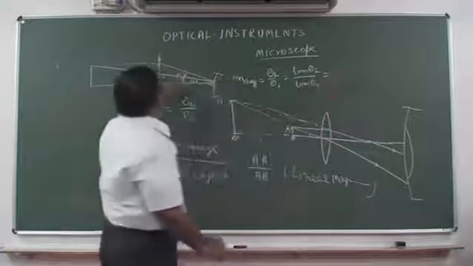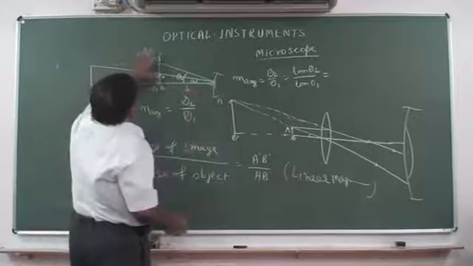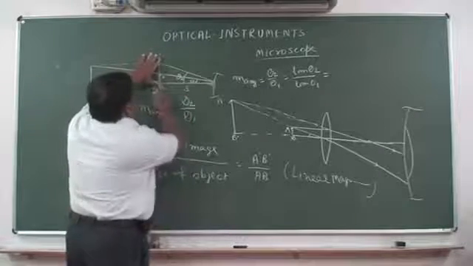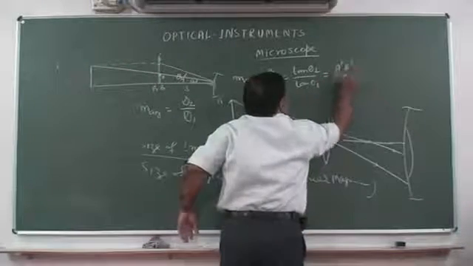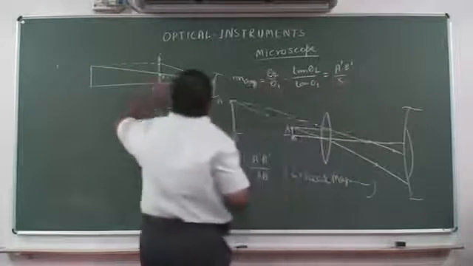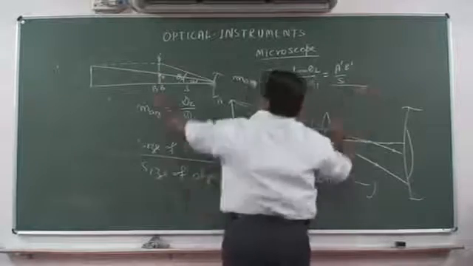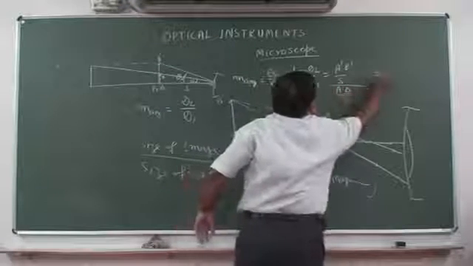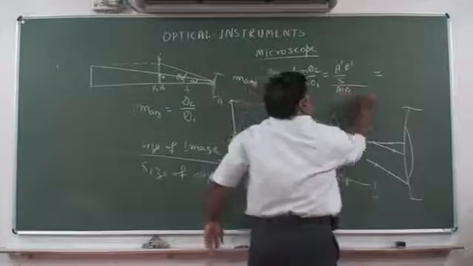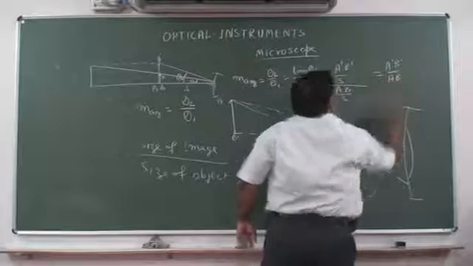When we write tangent theta 2, this is A dash B dash upon S. When we write tangent theta 1, this is AB upon S, and S is cancelled, giving A dash B dash upon AB.